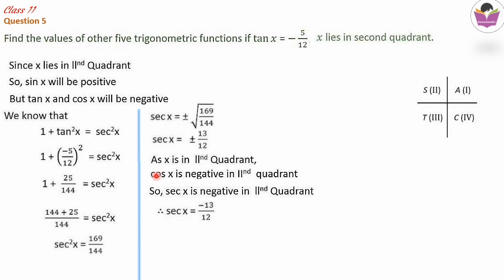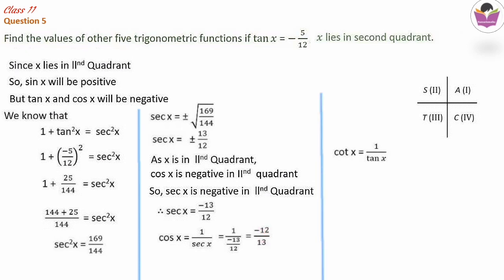Here cos x is negative in that second quadrant. It's not necessary to write. If you wish to write, or else directly we can go for this statement, sec x is negative, because we are going to write the sec x value. Then cos x is 1 divided by sec x, reciprocal of sec, that is equal to 1 divided by minus 13 by 12. Reciprocal, if you write, take this denominator, write as numerator, that is minus 12 by 13.